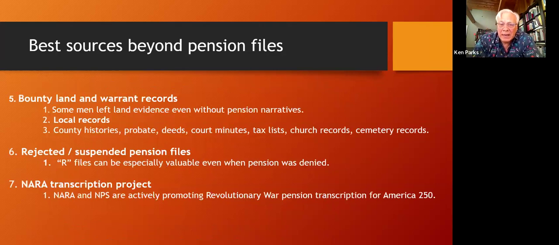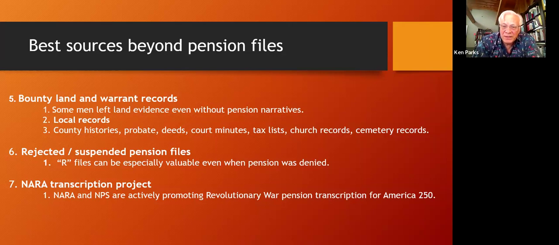Well, we mentioned the bounty land records. Some men received bounty land for their service and never applied for a pension. So you wouldn't find them that way, but they're there as bounty land recipients. You can look in local records, county histories, which we've talked about before, which were published many years later, but may still contain references to a person's service.